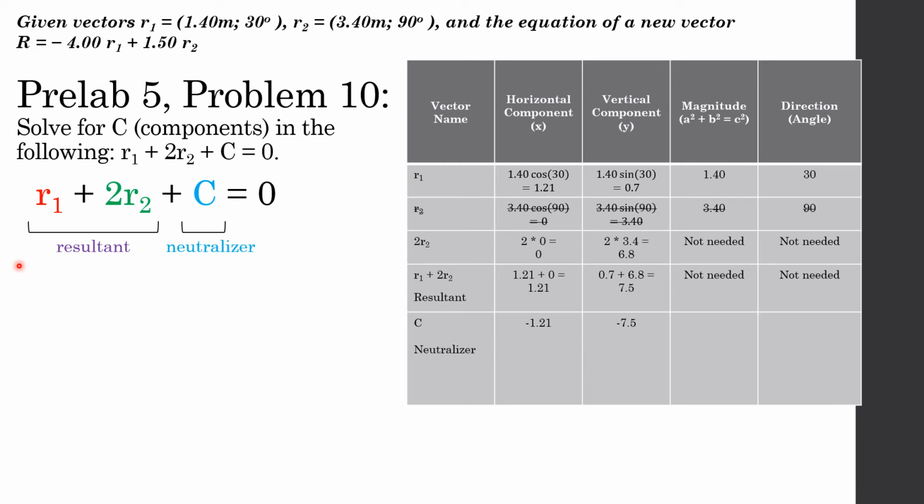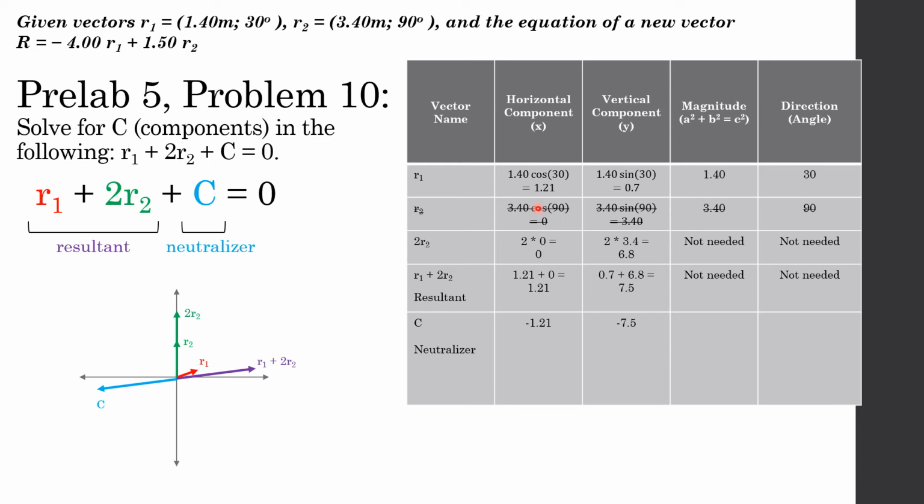Of course, the next thing that I want to do is I want to draw a picture. Okay, so here I've drawn all my relevant vectors. I have R1 here, I have R2, I have 2R2, I have R1 plus 2R2, and I have C. Now when I started this problem, of course, I wouldn't be able to draw in a lot of these vectors, but as I went along, you can see I did the math over here, I was able to fill in my picture.